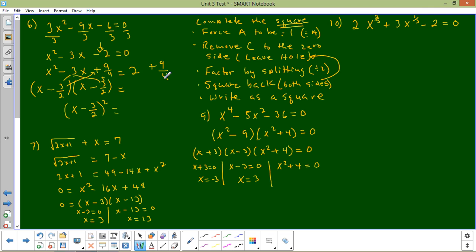But on the right, we think all kinds of people made an error right here, because we ended up with all kinds of people who had 11 under their square root. Well, look, in order to add these two values over here, this 2 plus this 9 over 4, you've got to have a common denominator.